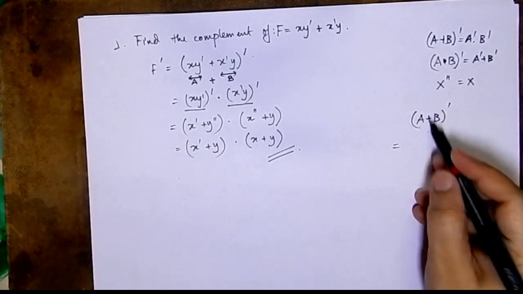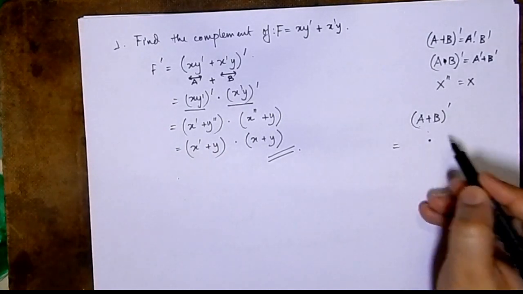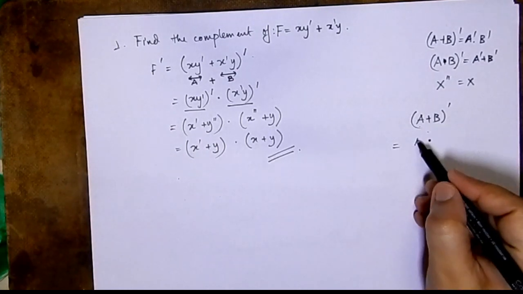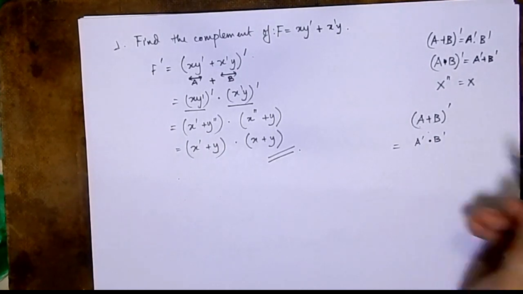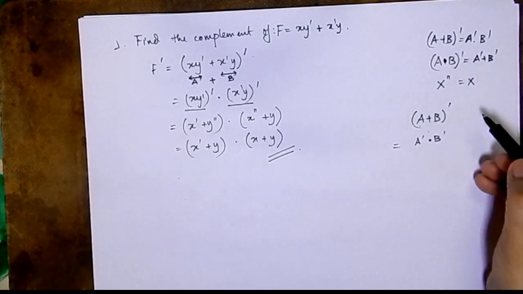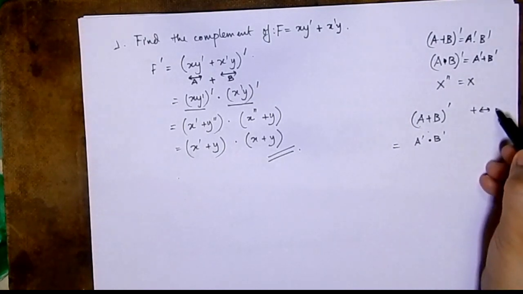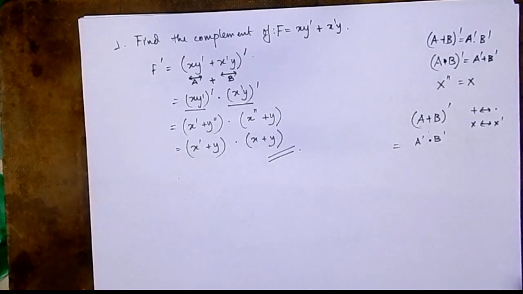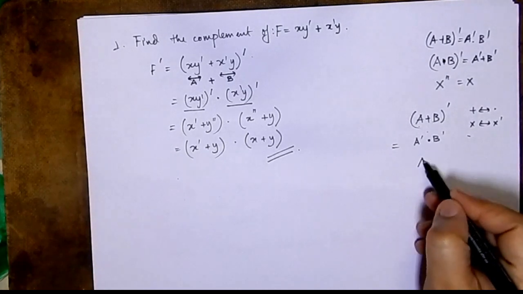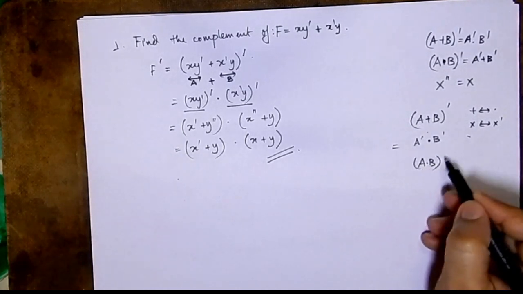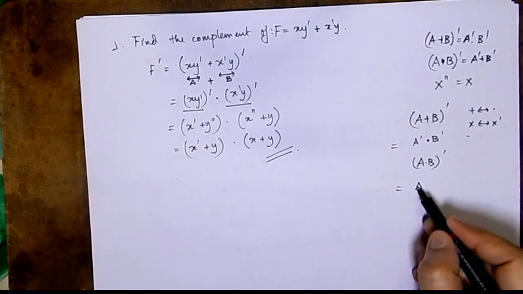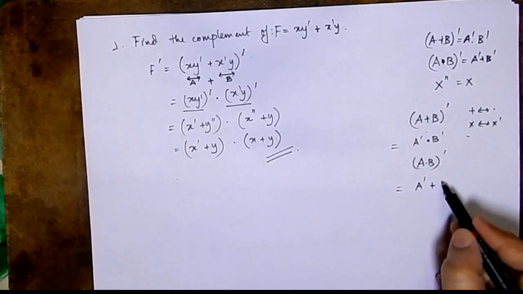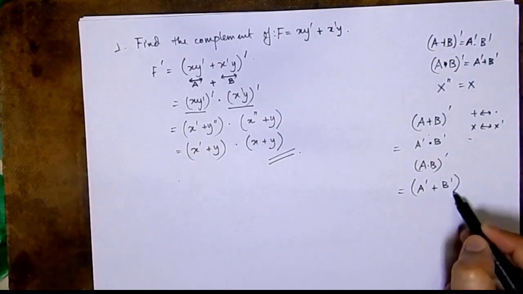So we are breaking this line, this plus is becoming dot and this is becoming a dashed b dashed. So we are changing plus to dot and dot to plus, and x to x dashed, and so on for whatever variable is there. Again, for (a dot b) whole dashed, a will become a dashed, dot will become plus, b will become b dashed.